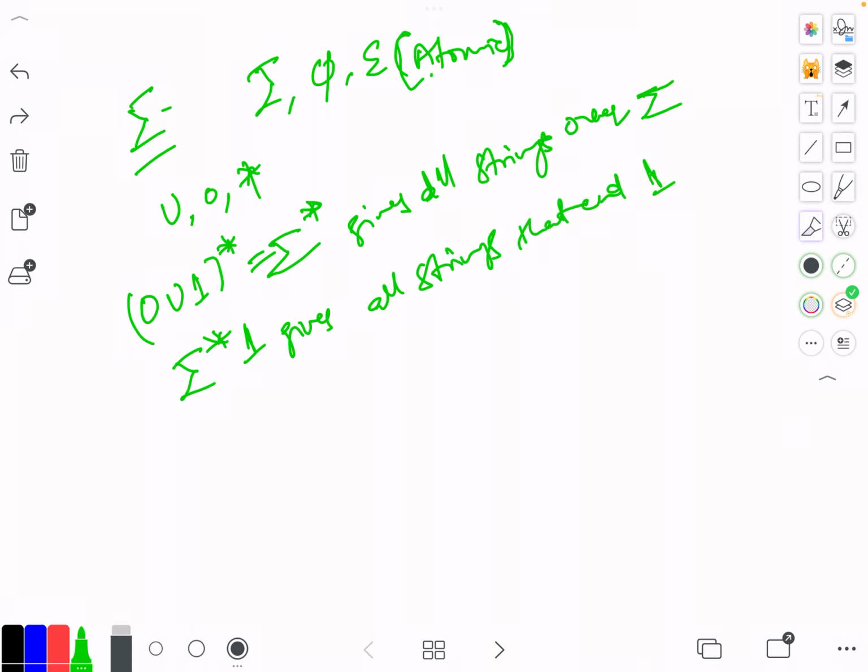And similarly, concatenation with consecutive things gives all strings which contain 1, which is L of the language. Okay, good.